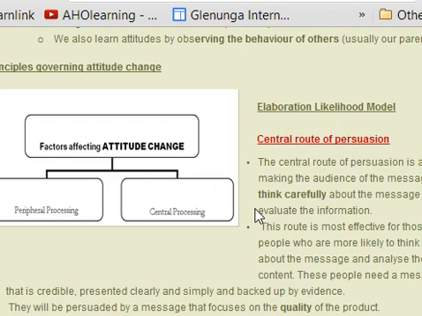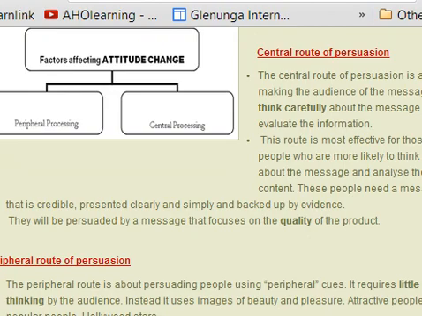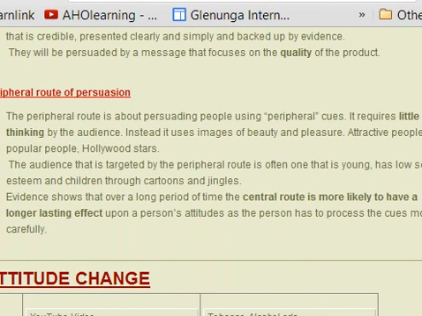And this is related to the central route of persuasion, where we are thinking carefully on items, and the peripheral route of persuasion, where we are talking about more emotional reaction and less thinking.